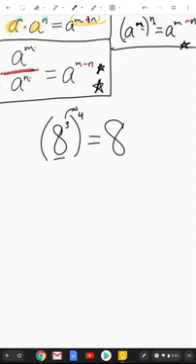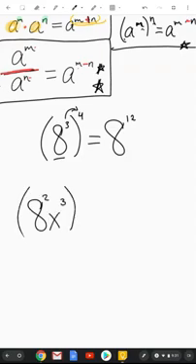This is kind of similar to the distributive property if you think about it. If I see parentheses, I'm doing exponent times this exponent. So this is actually going to give me 8 to the 12th. I want to live here for just a minute because sometimes you might see something like this when we're dealing with the power of powers. And let's do an odd number, to the 7th power.